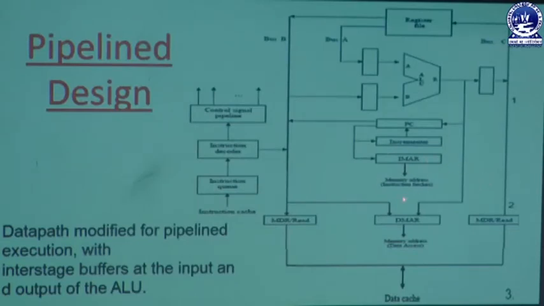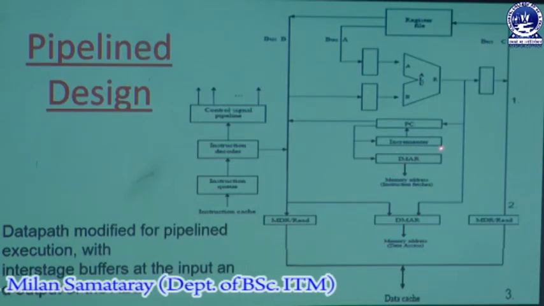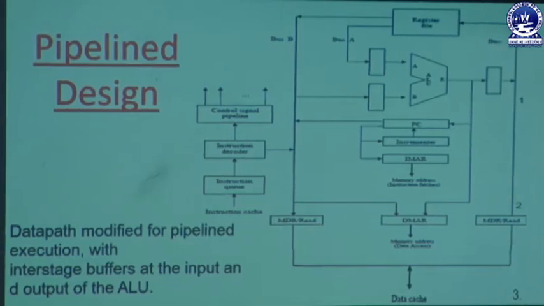One is our IMAR and the other is our DMAR. IMAR is basically used to fetch the instructions, and DMAR is basically used to access the data. We know about this MAR, that means memory address register, which holds the memory address whether we are performing the read operation or the write operation. Okay.